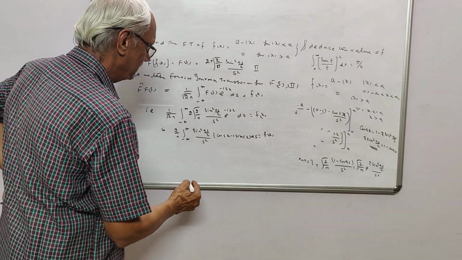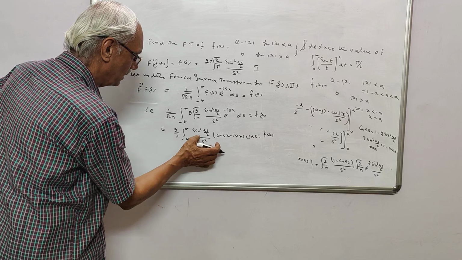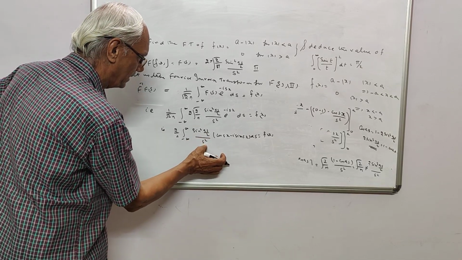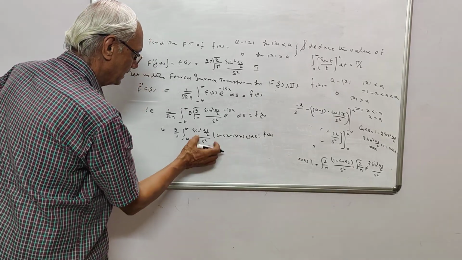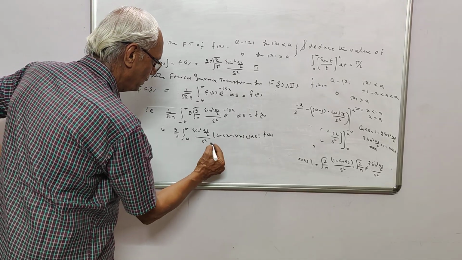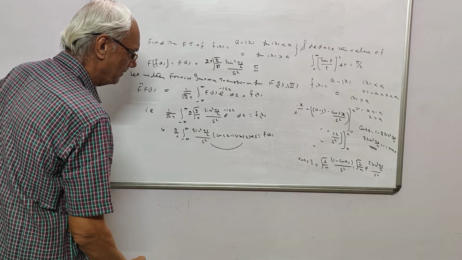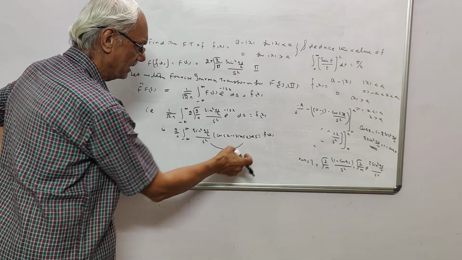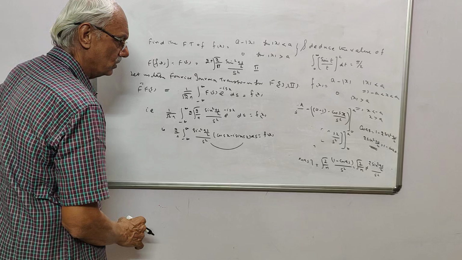Now if we split this into two integrals, sine squared as by 2 divided by s squared into cos sx ds, and sine squared as by 2 divided by s squared into minus i sine sx. Sine squared is an even function and s squared is an even function, whereas sine sx will be an odd function, so the product is odd and this integral will be 0.